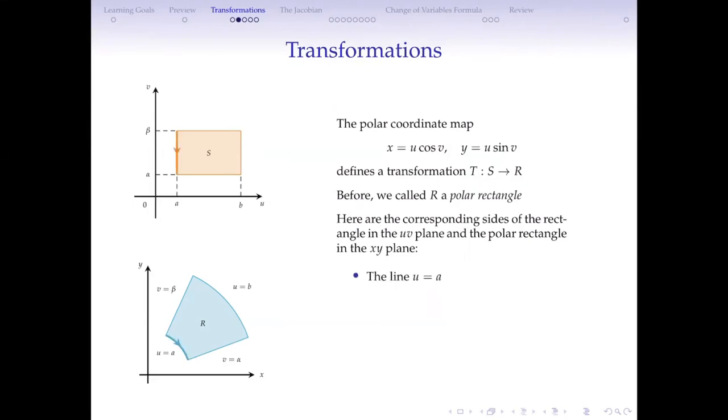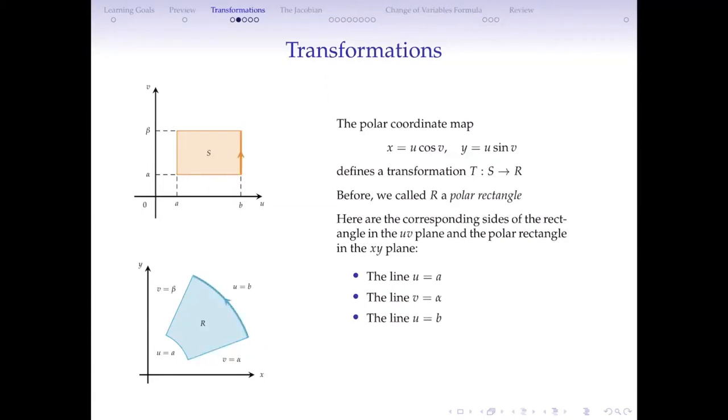So as we traverse the line u equals a from v equals beta to v equals alpha, that means I'm moving in this direction in the polar rectangle. As I next traverse the line v equals alpha, where u ranges from a to b, I'm moving from the inner radius to the outer radius of the polar rectangle.